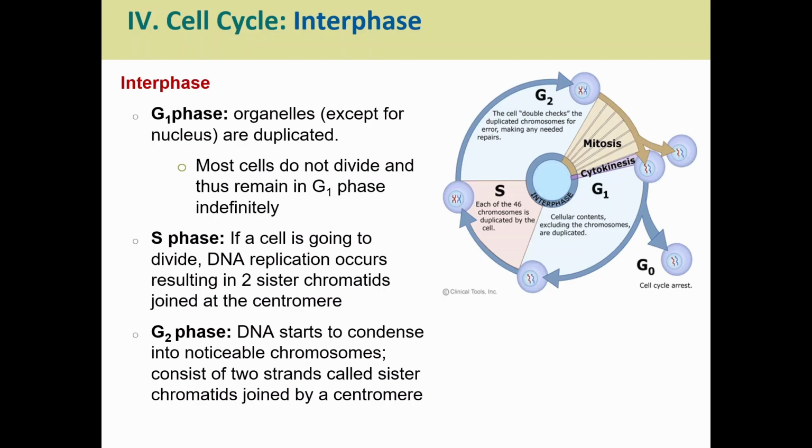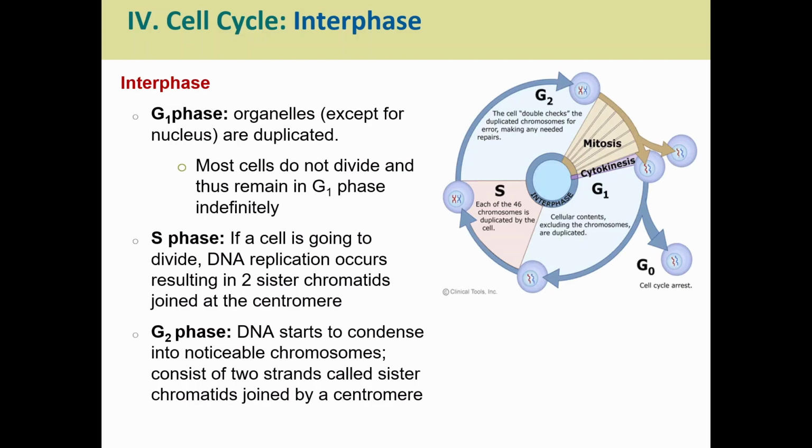So G2 is very important in that it's our last chance, or one of our last chances, I should say, to find any errors and fix them before we commit to fully divide. Because any mistakes that are not found in time, when we go through mitosis and cytokinesis, are now locked in. We cannot go back and fix them after the fact.